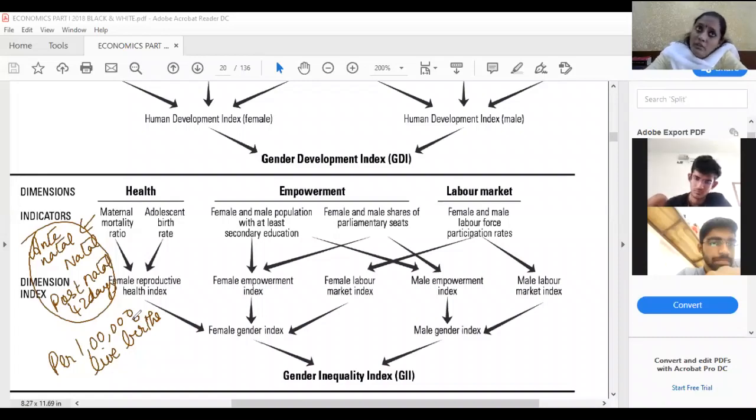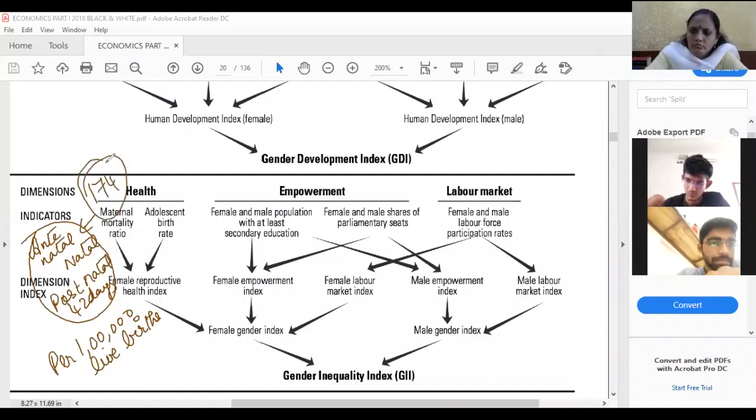Northeast states sometimes have even worse numbers. India was having data somewhere around 250, and Northeast India was even closer to 400. Now India is somewhere around 174. That is the maternal mortality ratio.